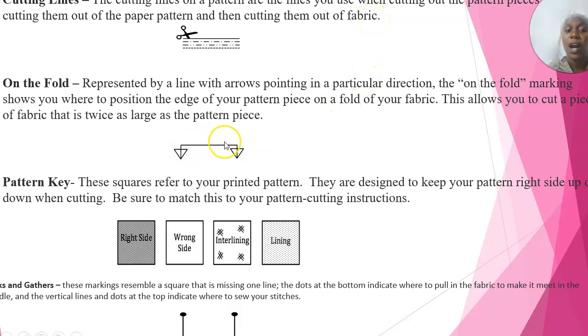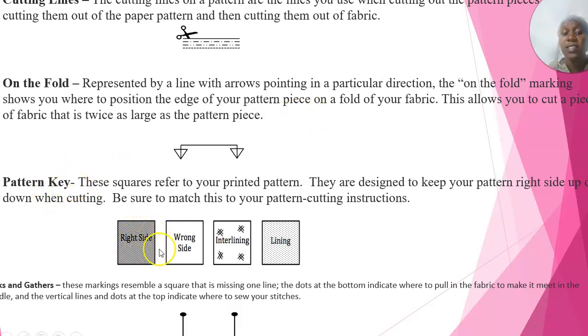You also have another indicator, place on fold. You can see it is folded. Here you position the edge of the pattern piece that is on fold at the fold of the fabric, because it allows you to cut a piece of fabric that is twice as large as your pattern piece.